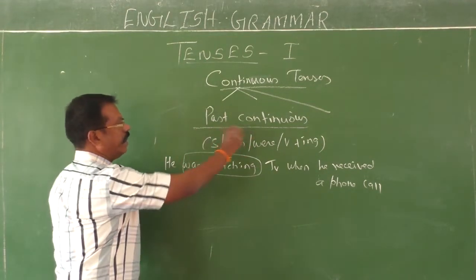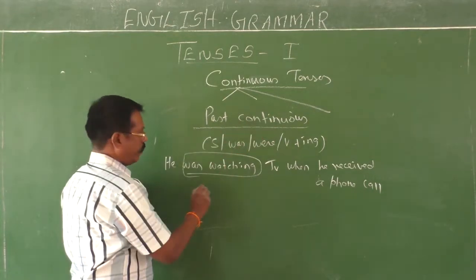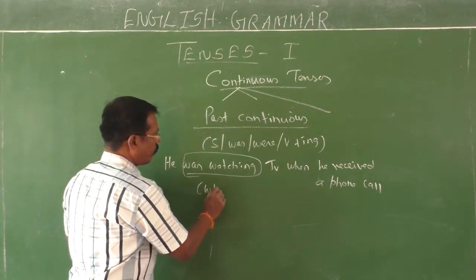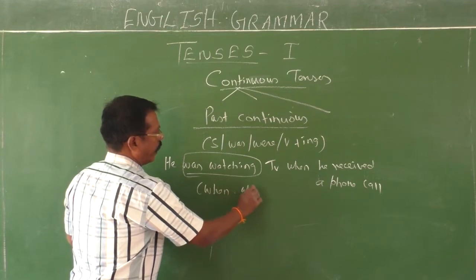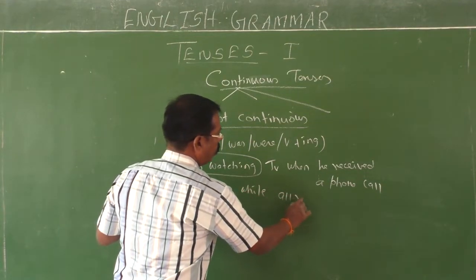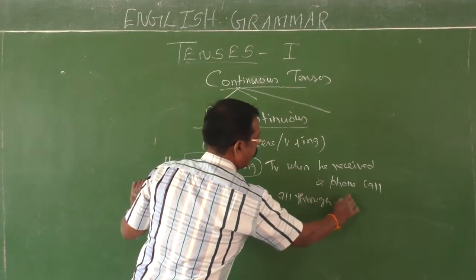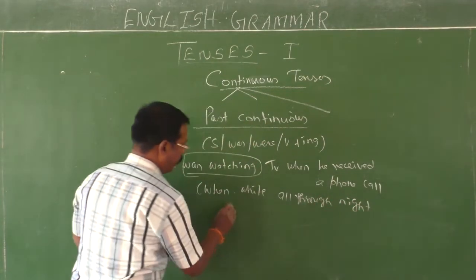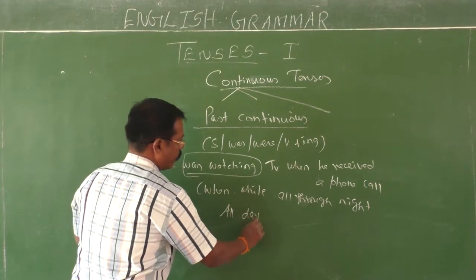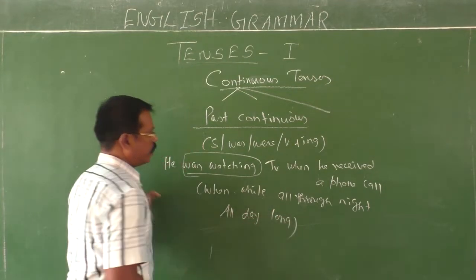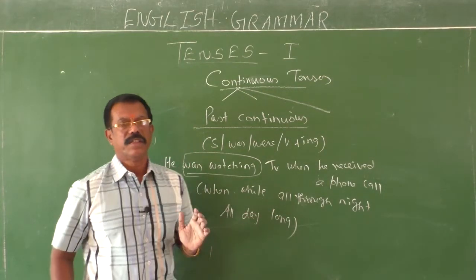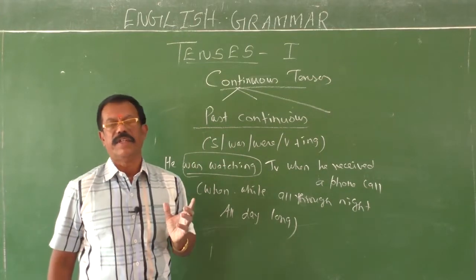And then the key words associated with this past continuous tense are when, while, all through the night, all day long. So in this way we have more key words to refer to this past continuous.